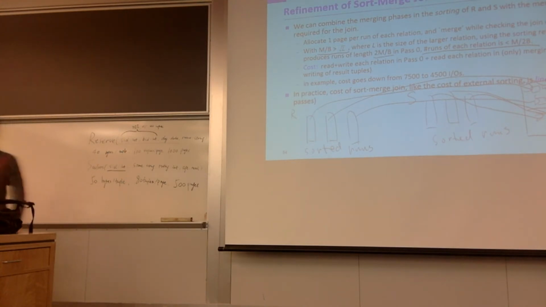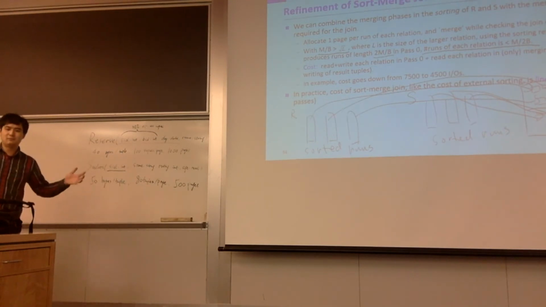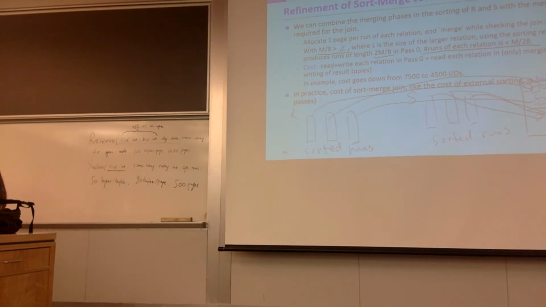So what that means is, if your M over B is greater than square root of L, then L divided by 2M over B is going to be smaller than M over 2B. Okay, you just substitute the numbers into the inequality, then you get the result. That's the requirement if you want to do the whole process in 2 passes.